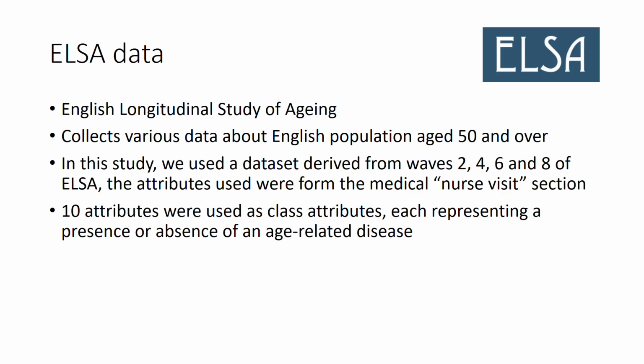The data being used in the study is taken from the ELSA dataset, which is the English Longitudinal Study of Ageing, collecting various data for the English population aged 50 and over, and we've used specifically the medical subsection of that dataset.